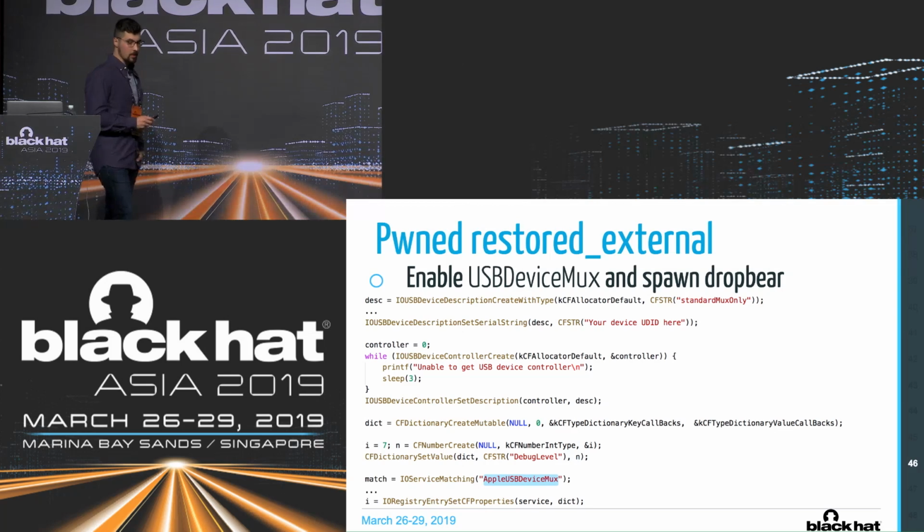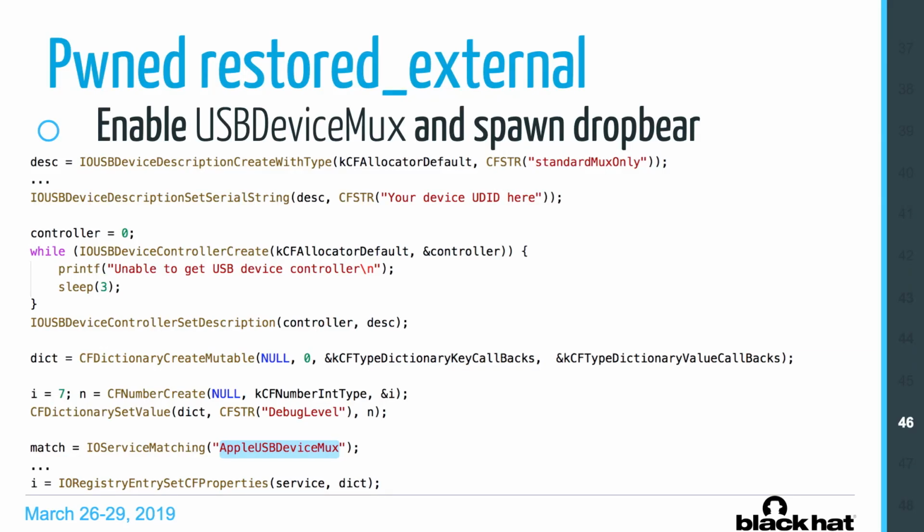So this is how our restored external daemon may look. Part of this code is already open sourced, and the basic idea is that we need to start the USB MUX service by creating a USB device descriptor with the type USB MUX only, and then set the USB device controller, USB device description serial.